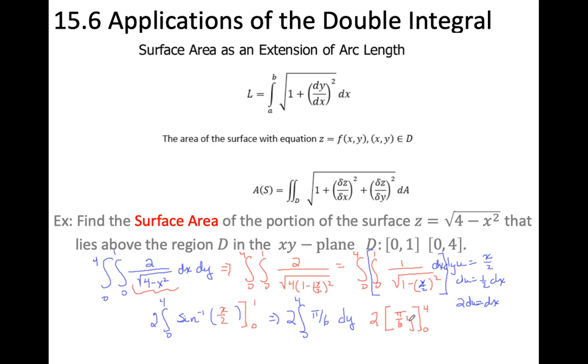So plug in 4, and I get 4 pi over 6, or 2/3 pi, minus 0. The surface area of that poorly drawn shape that I had there before is 4 pi over 3.